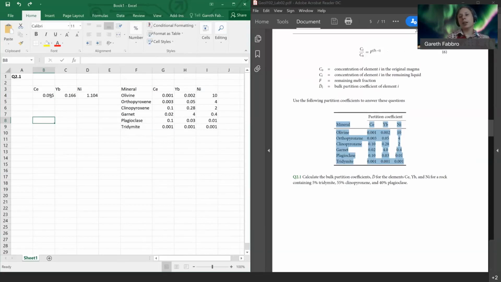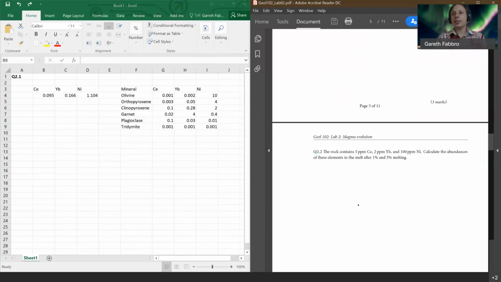Sometimes when you're looking at plagioclase, people will give percentages for the amount of calcium. Sometimes it will be as a proportion, and so it's easy to get those mixed up. But if you have in your head what you think the answer should be, then it's easier to not make those mistakes.